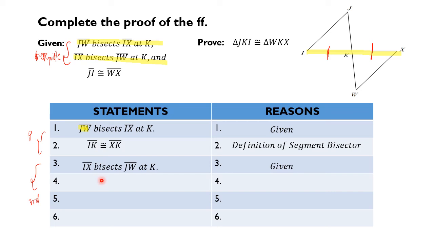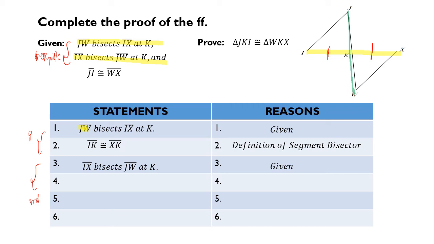Now, what's the congruent statement? Let's look into the diagram. This time, side IX is bisecting JW at K. Now, we will divide JW into two congruent parts.